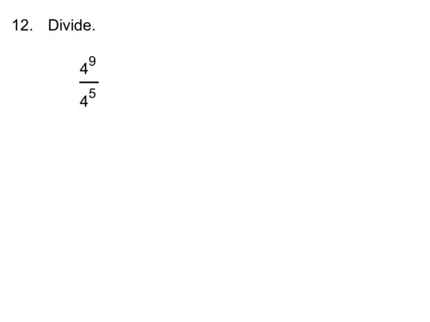Divide 4 to the 9th power divided by 4 to the 5th power. We'll apply the quotient rule to solve this problem. The quotient rule states that if we have two exponential numbers with the same base that are being divided, we keep the base and subtract the exponent in the numerator position by the exponent in the denominator position.